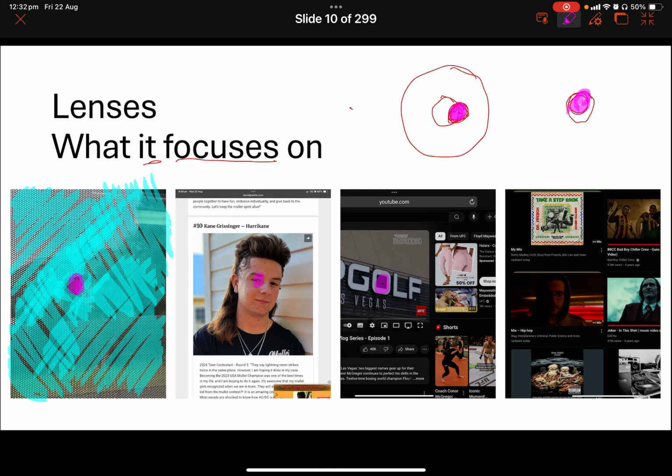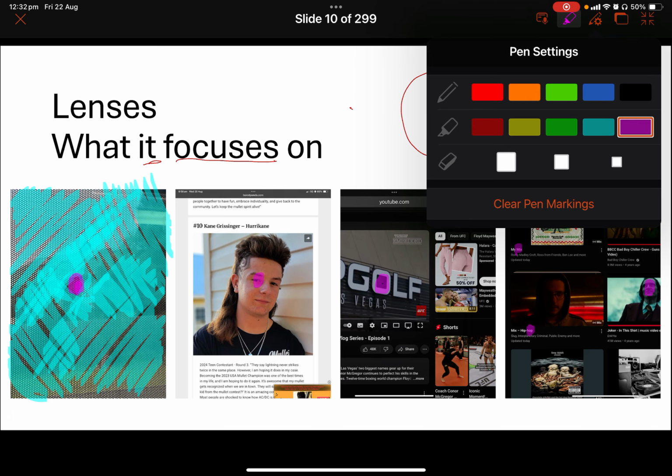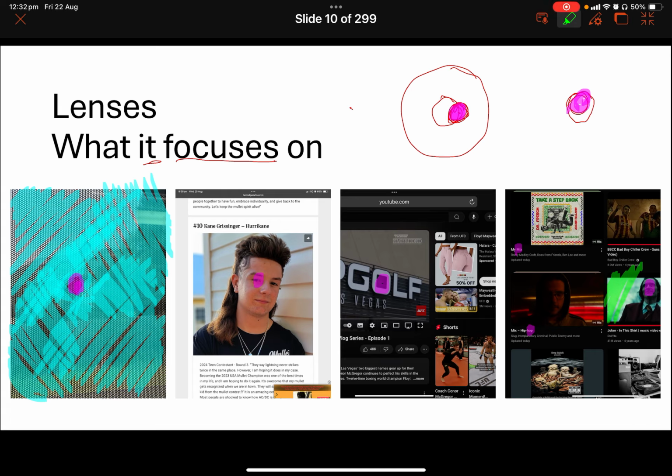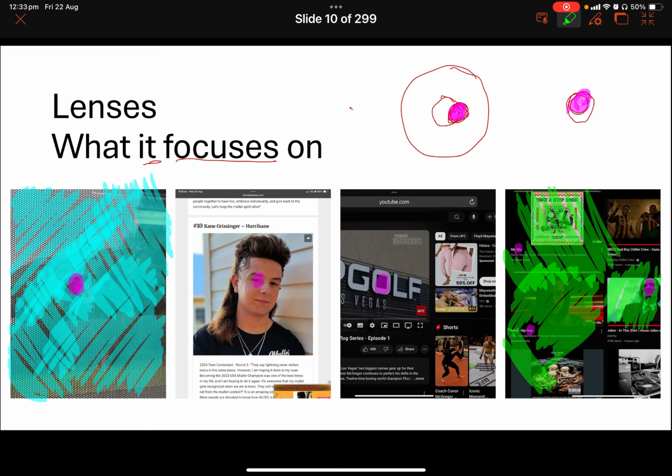This and this in here is actually an object disrupting vision. When I look at this picture, it only can see that amount. All the rest, and then if I look up, it only focuses on specific things. It's limited in the way that it's viewing. It's caused a distortion to sight. As an example, even though all the green can still be seen, it's created a change to the vision.